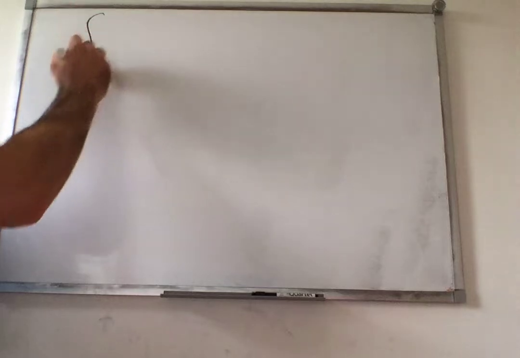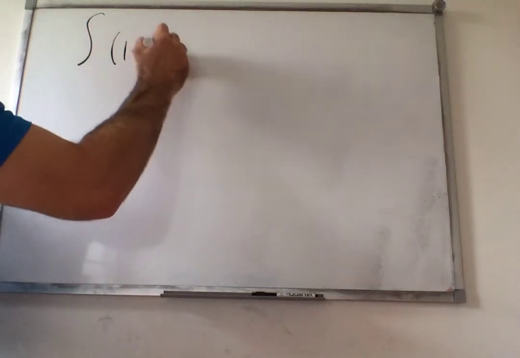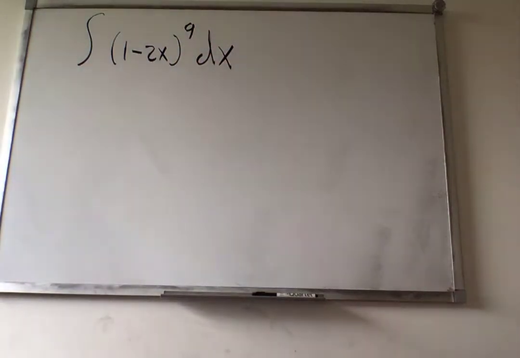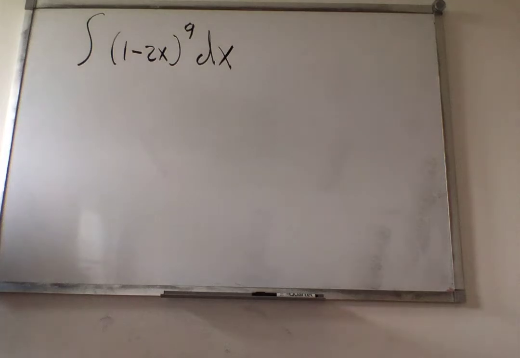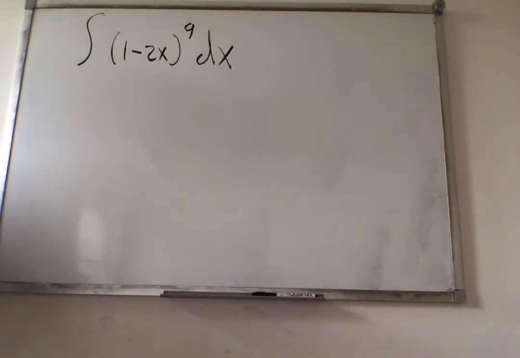So the first example, these are indefinite integrals: the integral of (1 minus 2x) to the 9th power dx. So let's go ahead and take a moment to, first let's take the derivative of this.